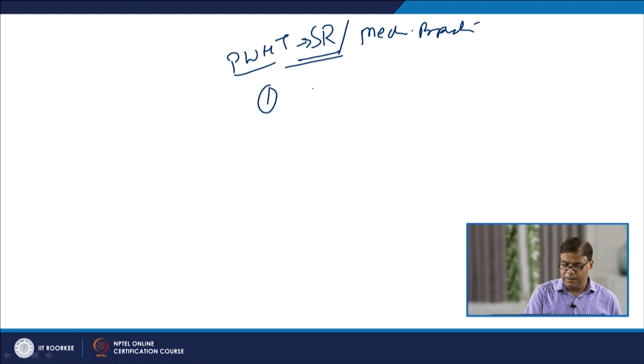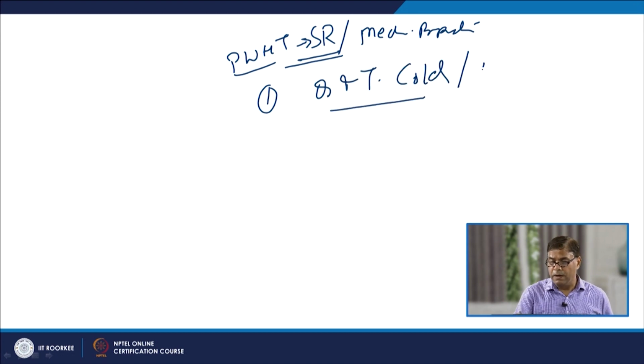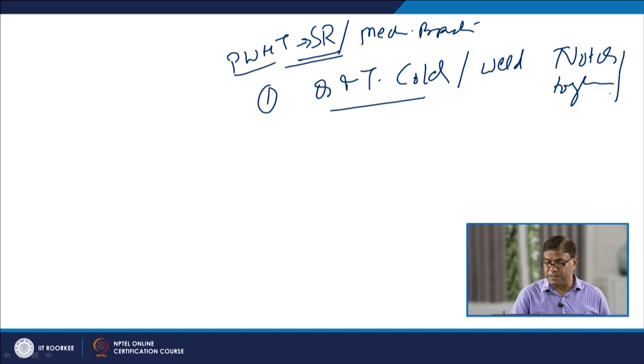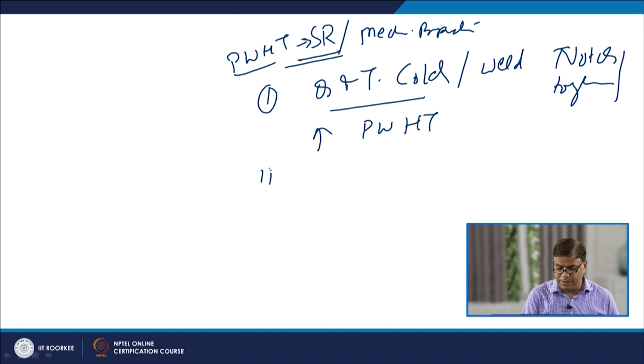For example, the Q&T steel has been cold worked, or after the welding its notch toughness has been badly compromised. So, in order to induce the toughness in the Q&T cold worked steels, or the weld joints which have resulted in extremely high hardness and lower notch toughnesses, the PWHT may be needed.